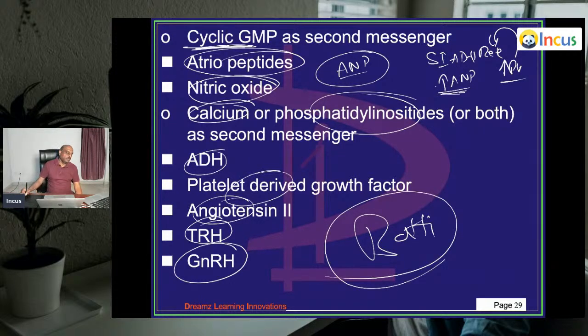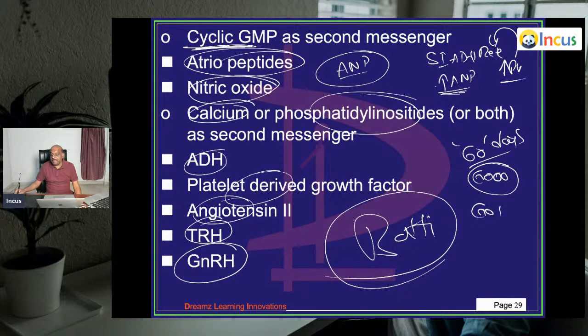So doctor, you don't read anything also. Last 60 days, every year, I pick up 6,000 most probable questions and conduct them as 60 daily grand tests. You tell your juniors also. You don't read anything across the year.